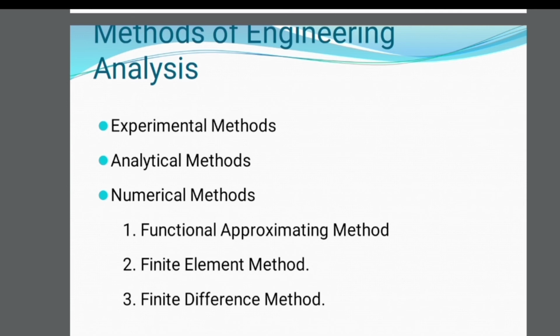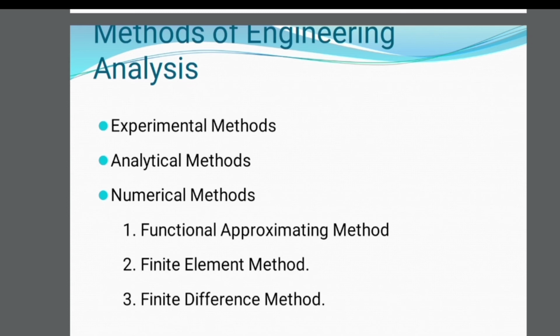In that situation, the numerical method can be employed. We may get an approximate but acceptable solution. This numerical method is again divided into three types: the functional approximating method, the finite element method, and the finite difference method.